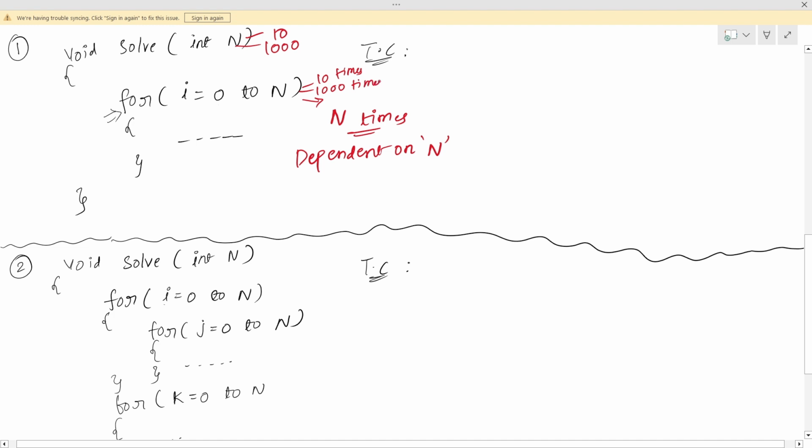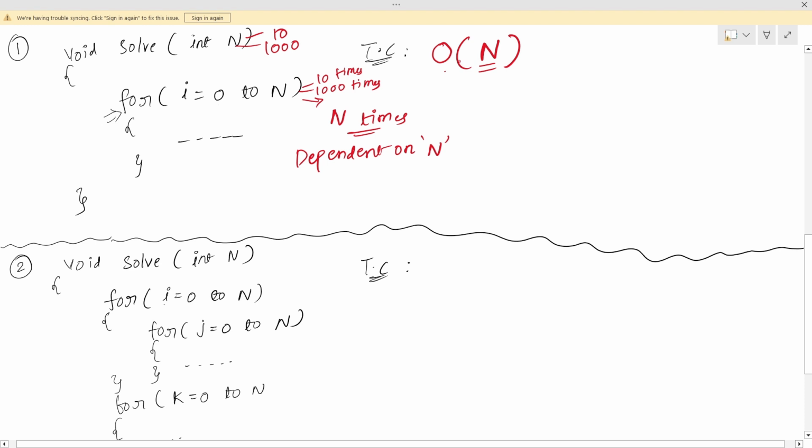So clearly there is no specific value that we can say here. In the previous discussion, we have seen big O of 5, whatever could be the n value. But here, it's dependent on n. That means whatever will be the n value, that will be your time. So clearly we can state it here as big O of n.